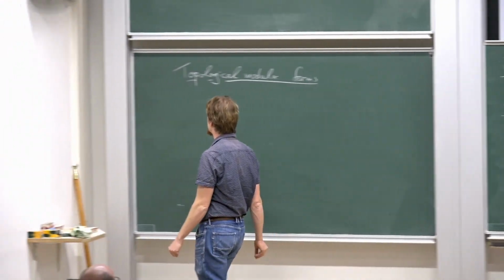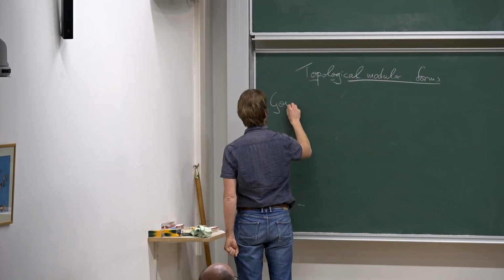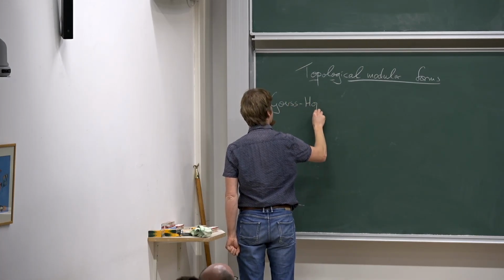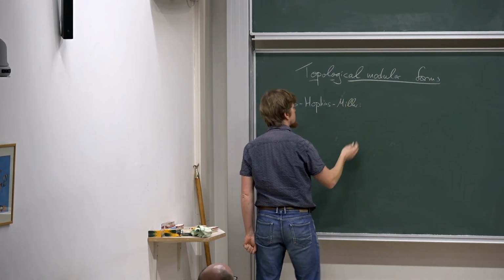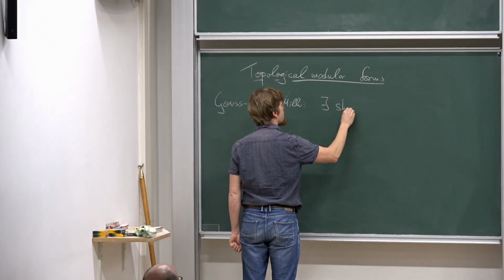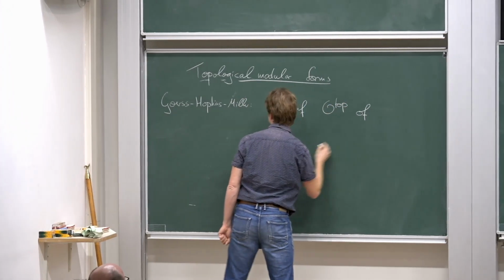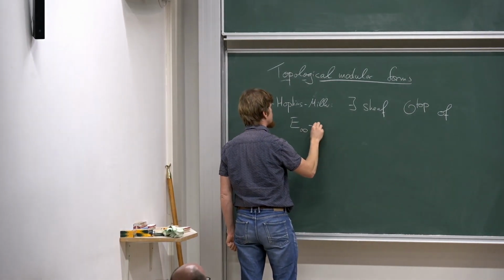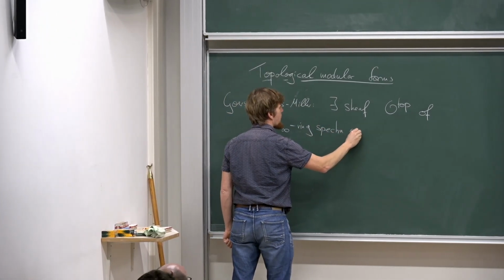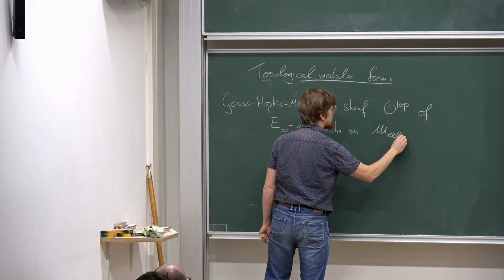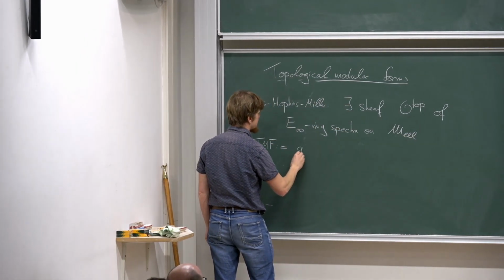By Goerss, Hopkins, and Miller, there exists a sheaf, traditionally denoted O top, of E infinity ring spectra. And we define TMF as the global sections of O top.